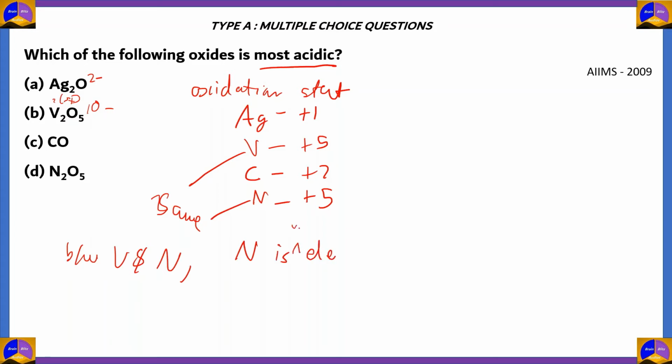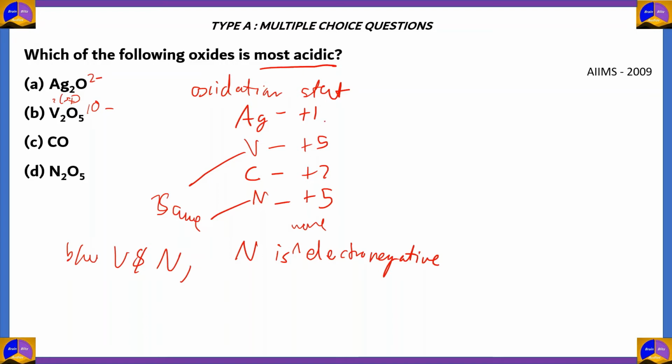So nitrogen is more electronegative because it is to the right of the periodic table, while vanadium is to the left. And moreover, vanadium is actually 2 periods lower than nitrogen. So therefore, the electronegativity also differs greatly. So nitrogen is more electronegative than vanadium.